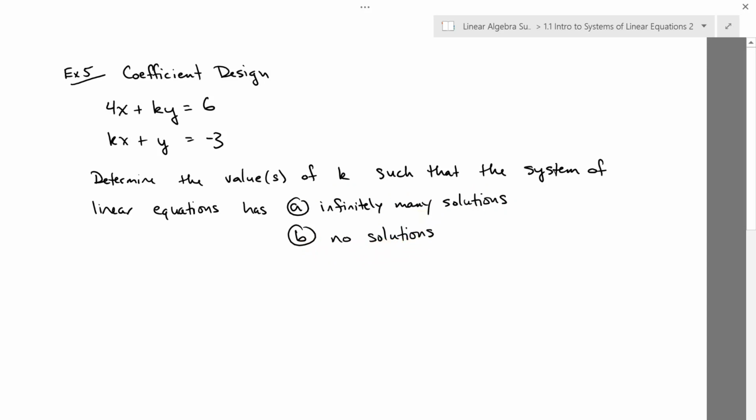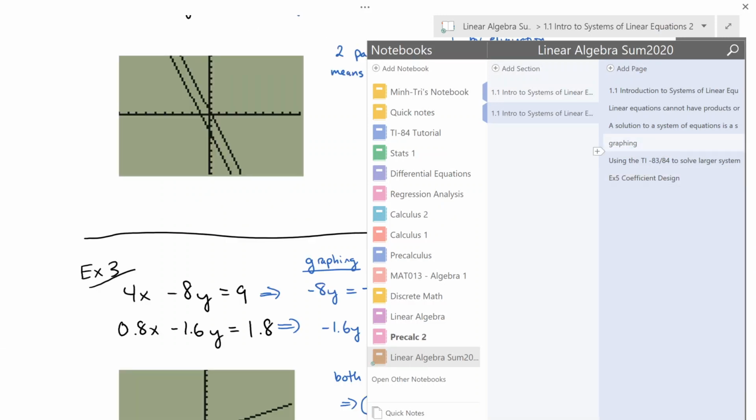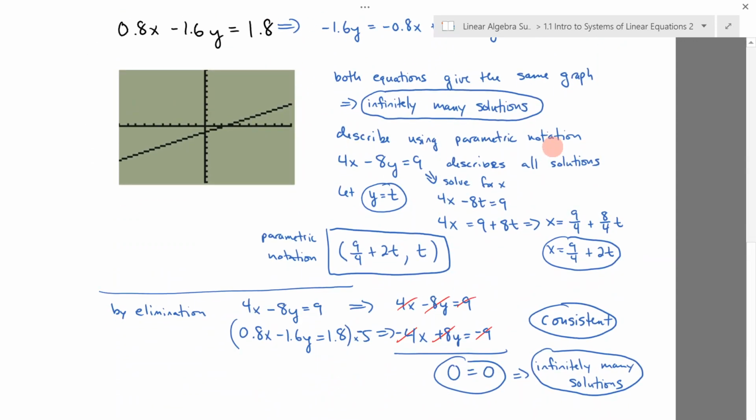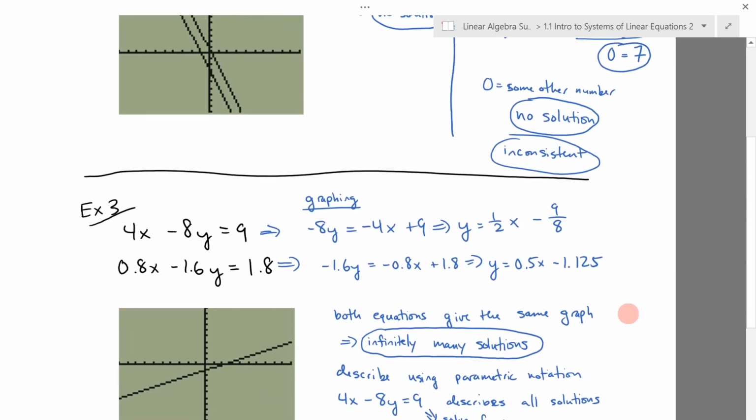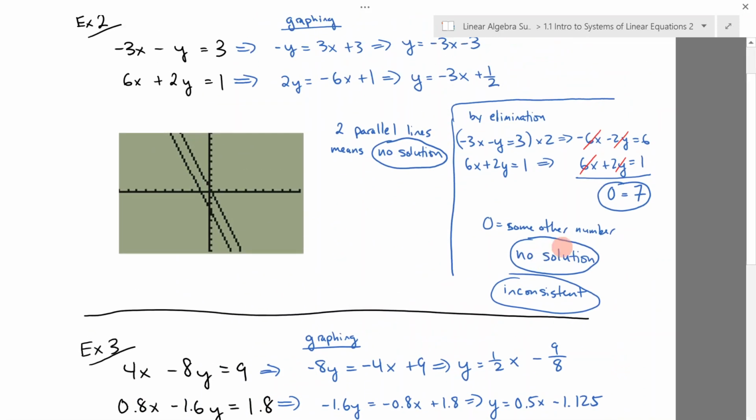So the way we're going to approach the problem is the following, right? I mean, it's not possible to graph it because there's, again, k, we don't know the number that represents k, right? So, going back to the previous examples, we're going to use elimination, and depending on what form it takes, it'll tell us whether we have no solution or infinitely many solutions, right? So if you remember, the situation for infinitely many solutions was that the form was 0 equals 0, and for no solutions, the form was 0 equals some number, right?